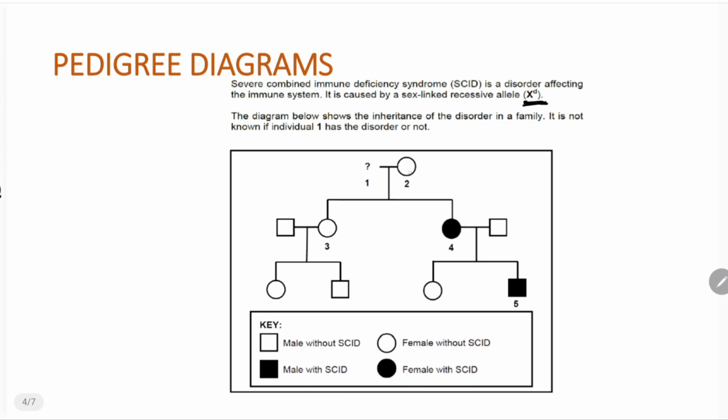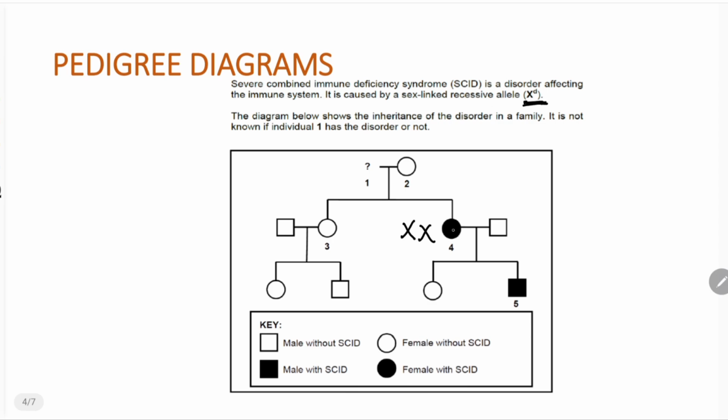Now, let's look at individual number 4. Individual number 4 is a female, right? But this is a female with SCID, according to this key. So this female has got SCID. But we know that the gonosomes of females have to be XX, right?